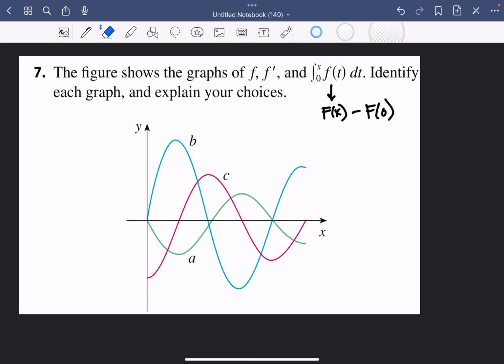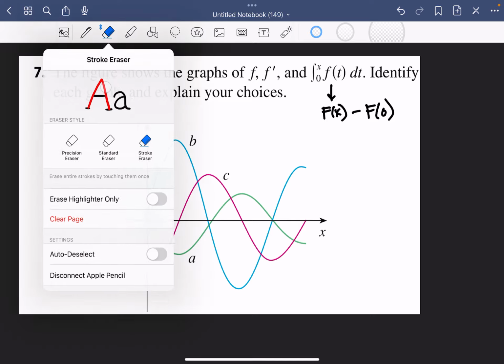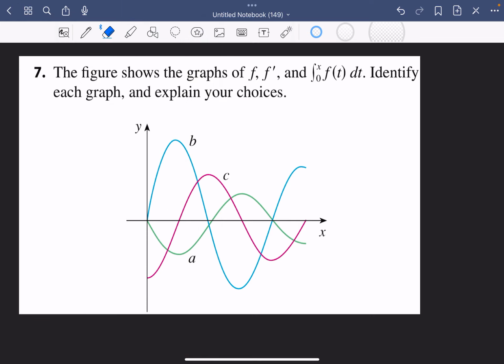But the way to think about it is, if you take this derivative, you're going to get f, and if you take this derivative, you're going to get that. So you could think of this as your first function, you take its derivative to get f, then you take its derivative to get f prime.